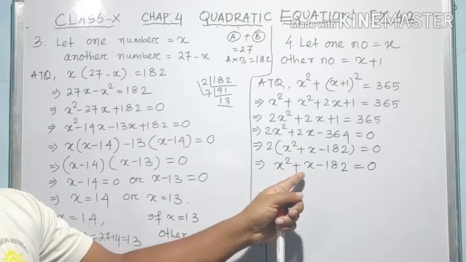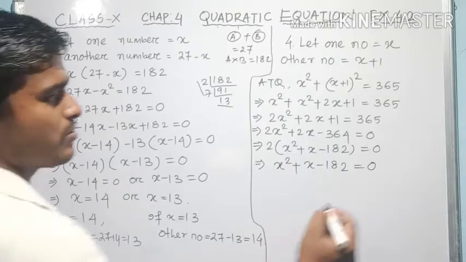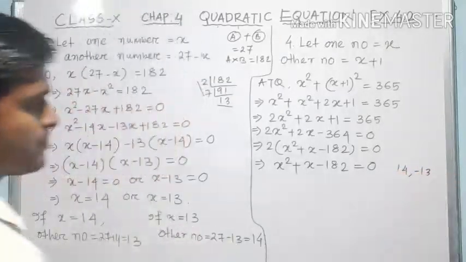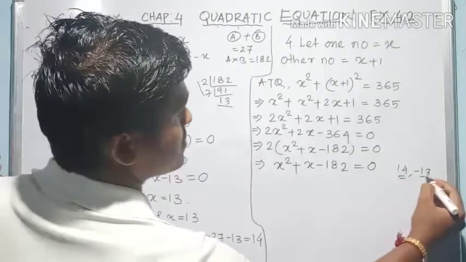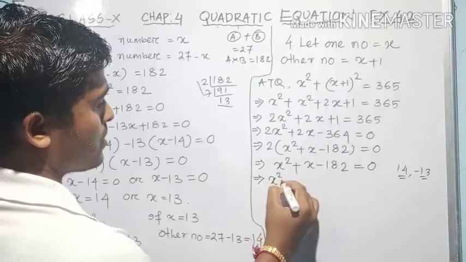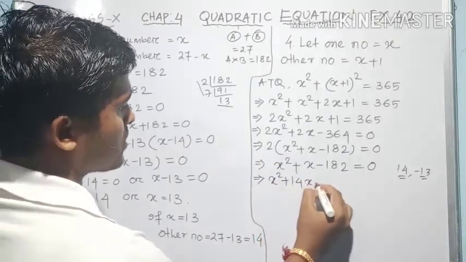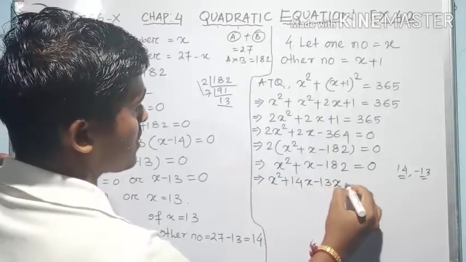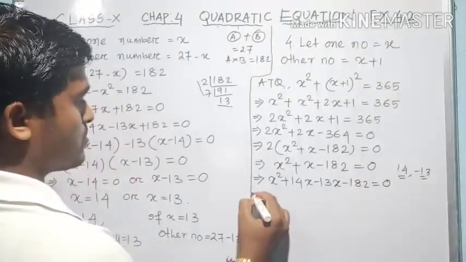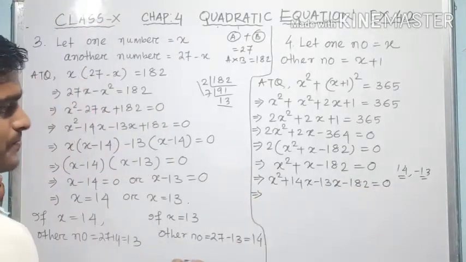That is, the two possible integers are 14 and minus 13. So x square plus 14x minus 13x minus 182 is equal to 0.